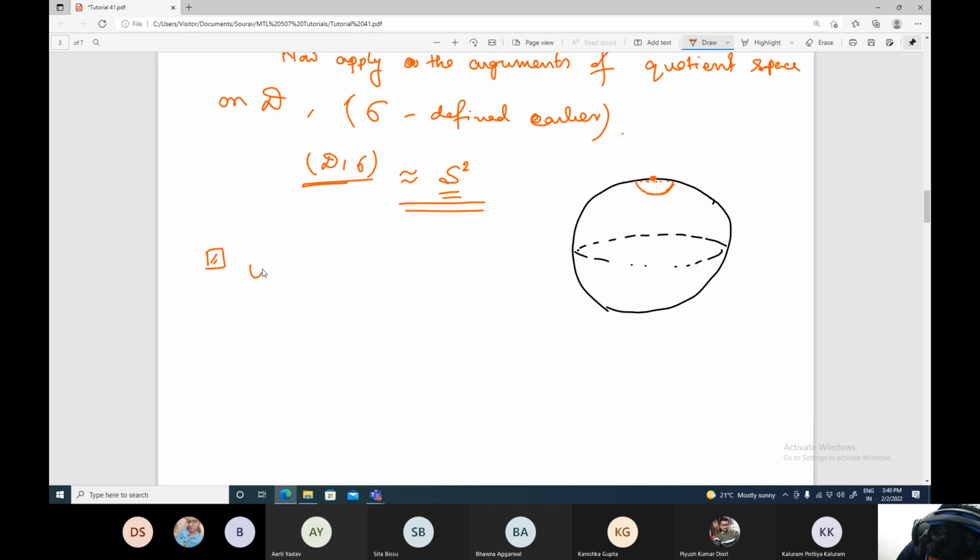Now we say an open set U belongs to sigma. Let me give all basic open sets. See, sigma is a topology, and in this topology we must have a basis, right? Now let me give you a basis for that.